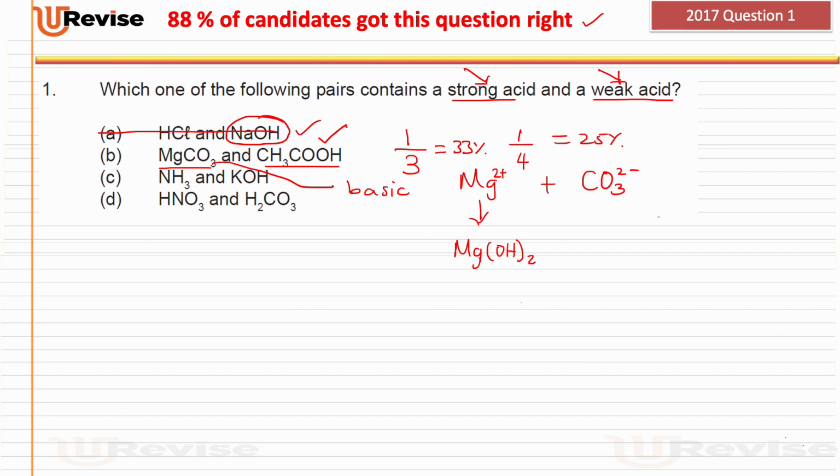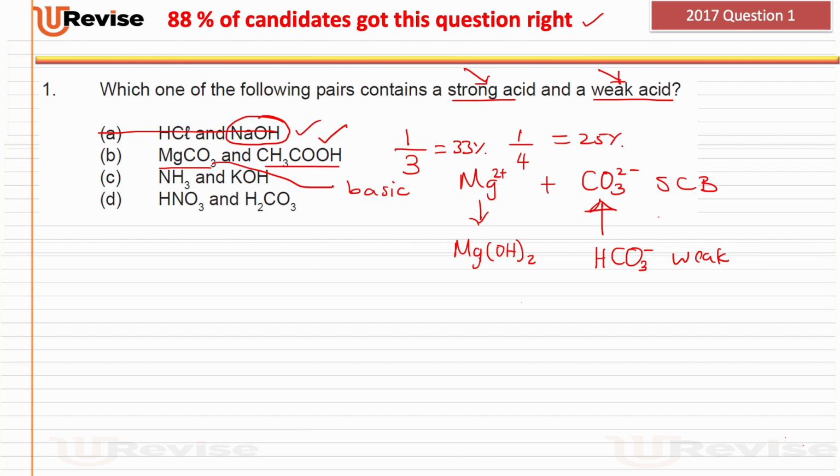Now, the carbonate ion comes from a weak acid, the hydrogen carbonate ion. It's the conjugate of this weak acid, which means if this is a weak acid, this makes the carbonate a strong conjugate base.